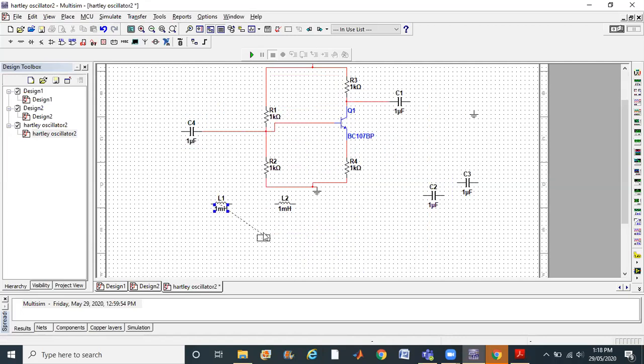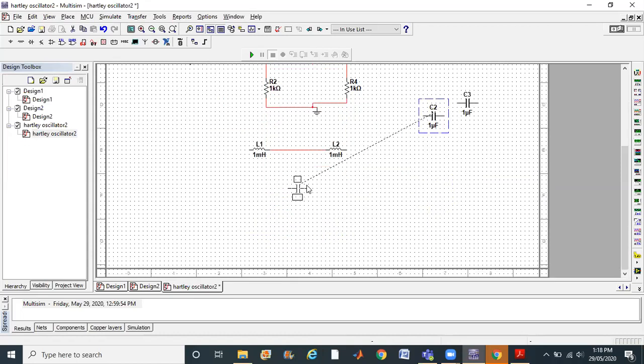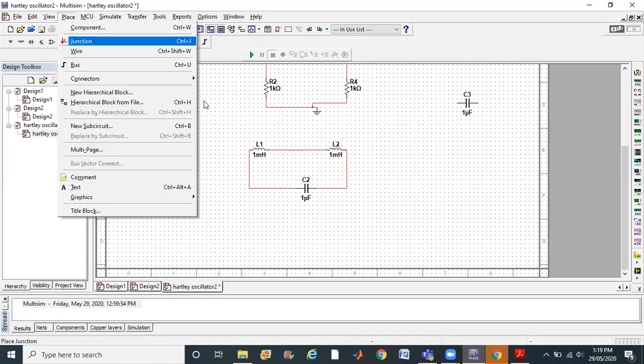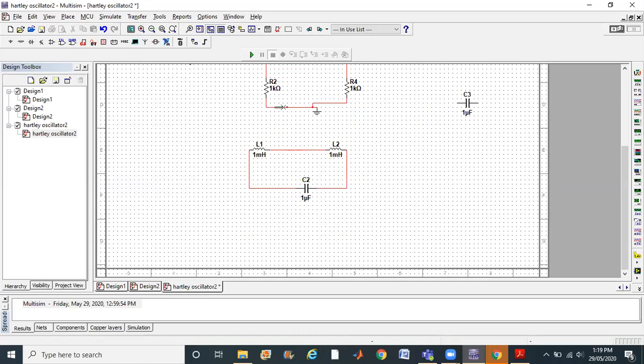Next, join together. I'll take this capacitor and place it here to create a tank circuit. Now, I need a ground connection, so I'll create a junction at this point and take it out.